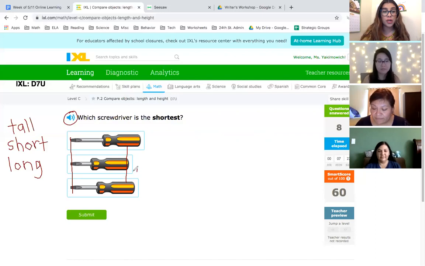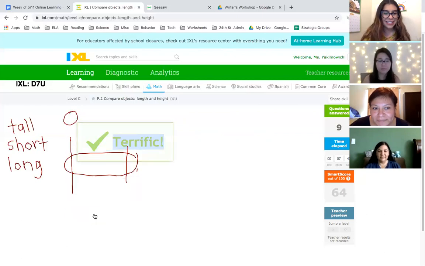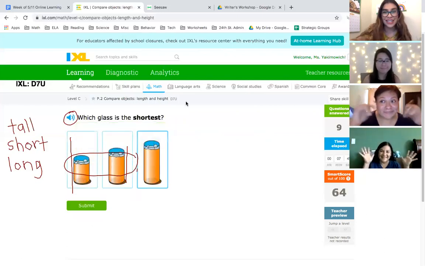So if it's the shortest one, I'm guessing that this one is the smallest object, because that seems like it would be something for maybe people with smaller hands to use. So I'm going to choose that one as my answer. I click on my answer, make sure that it lights up, and then you press submit. Okay, let's have a teacher help us with the next one.